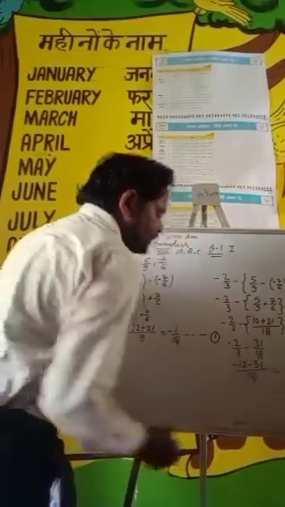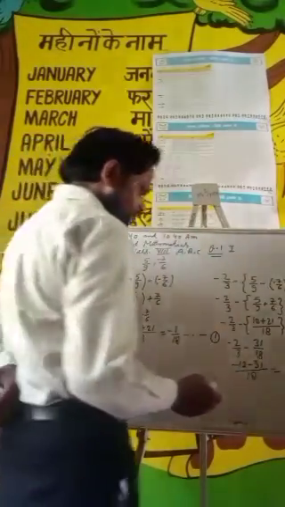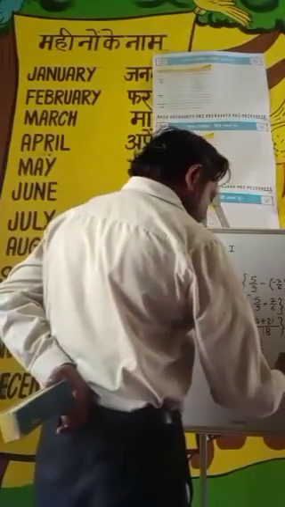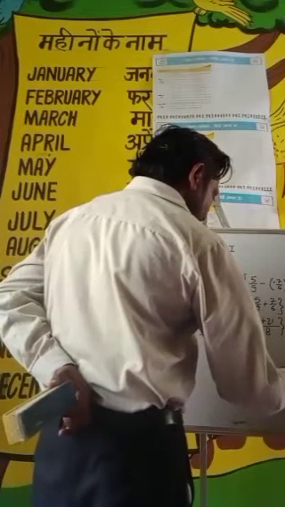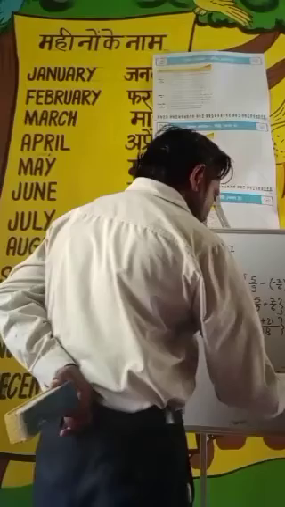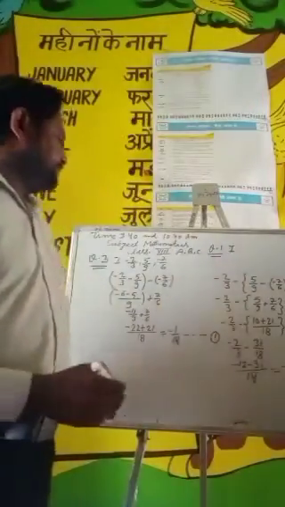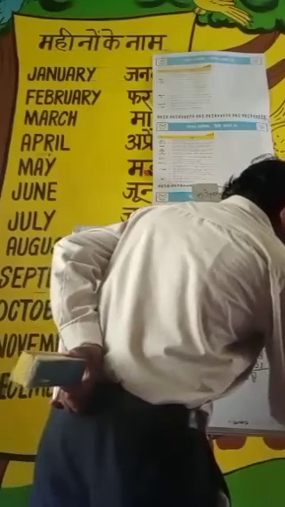This is equal to minus 43 upon 18. This is equation number second.